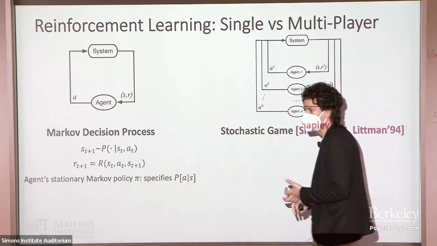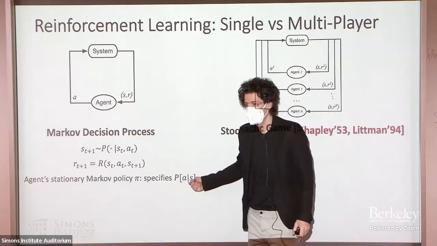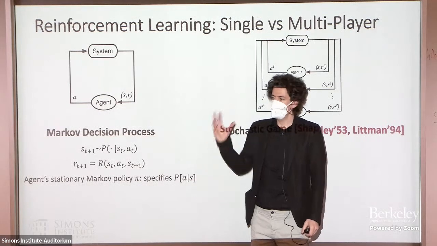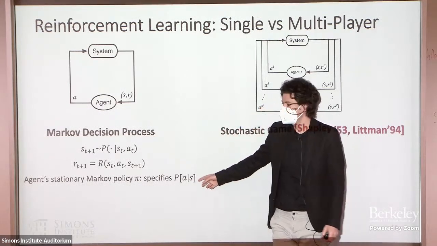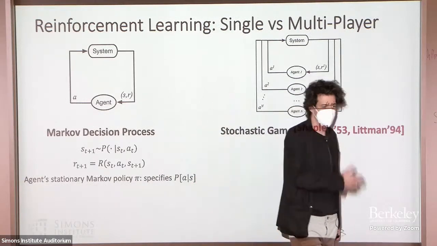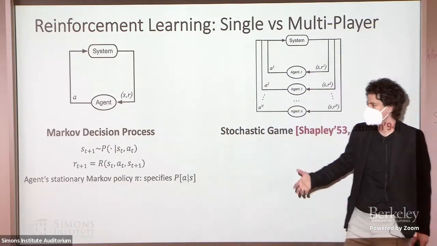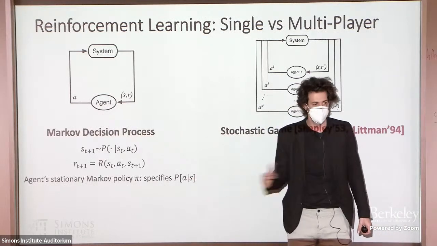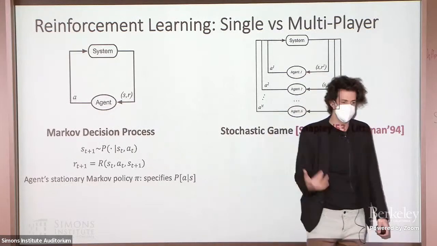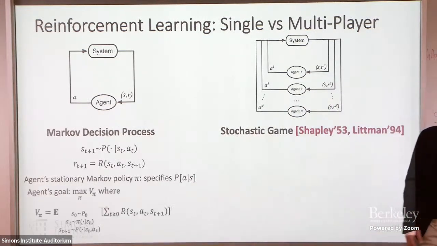Stationary Markov policies specify a distribution of actions at every state and do not change over time, hence stationary. They are Markov because they don't depend on the history of what has happened so far, but just where you are right now. They also don't change with time, so they're stationary. Okay, this is what it means.